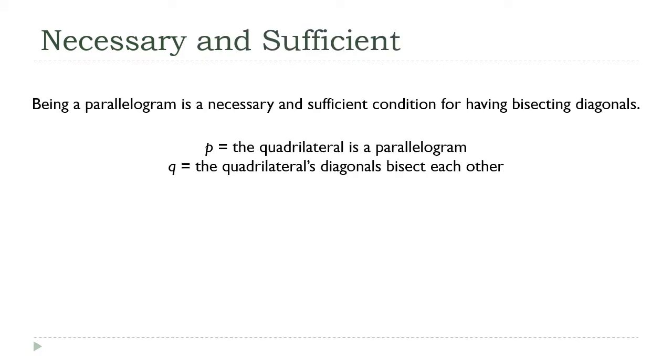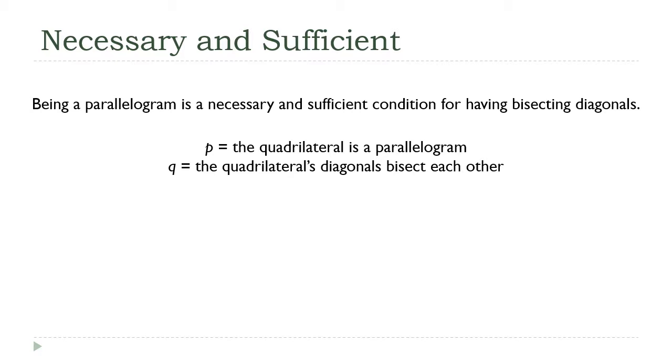All right, so now suppose I told you that something was both necessary and sufficient. For example, being a parallelogram is a necessary and sufficient condition for having bisecting diagonals. Now notice there, just in case you didn't catch it, I did change this. Now, instead of talking about a rectangle, I'm talking about a parallelogram.